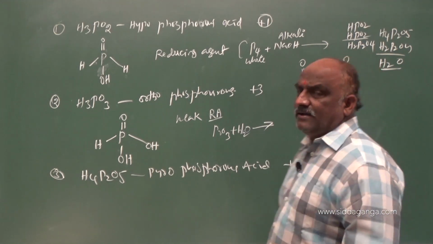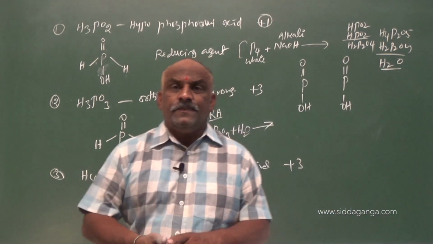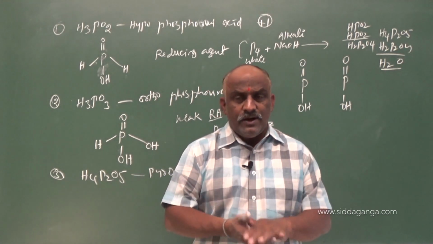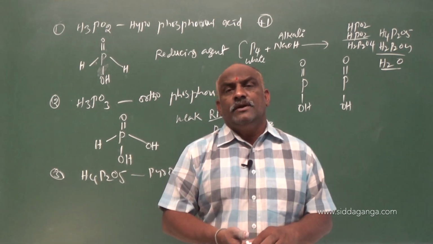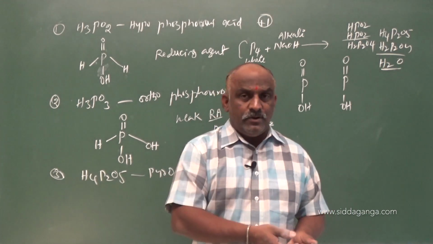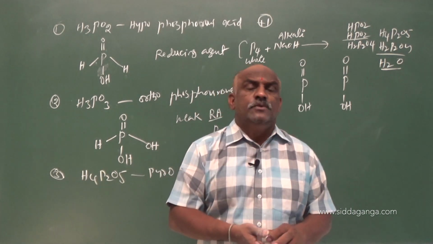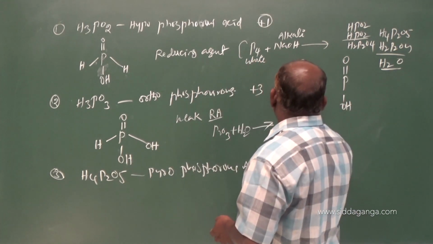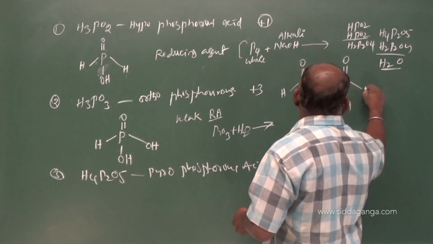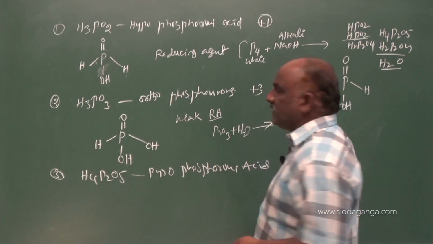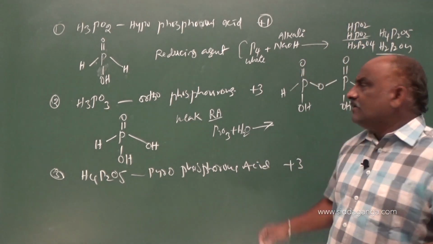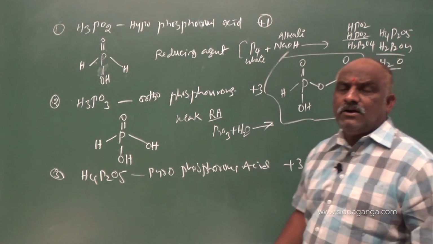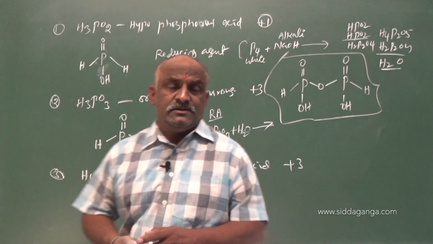Still we required, as I said in the starting, P=O bond, P-OH bond. If we required, we can use either P-H bond or P-P bond, not both. So here we should write one H here, one H here and one oxygen here. Clear it is. So draw the structure, my dear students, it is very, very important. This is called pyrophosphorus acid.